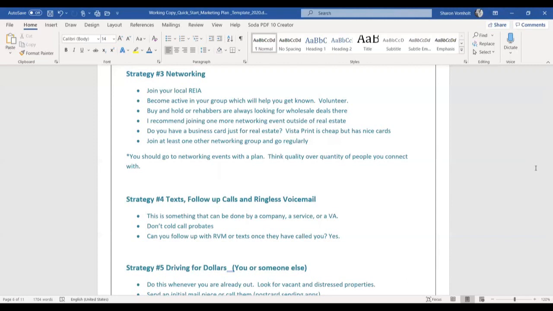Now, I also recommend that you join at least one other place where you can network, and that's going to depend on what's a fit for you. I know someone that belongs to BNI. That's not really my cup of tea, but for women, there's NAWBO, the National Association of Women's Business Owners.